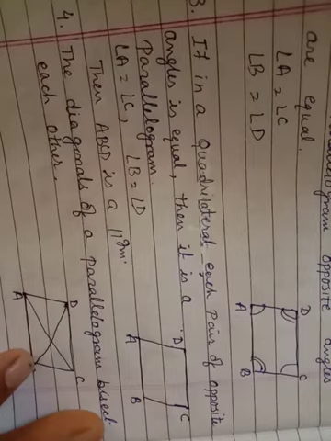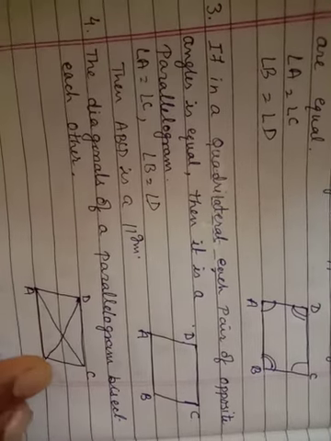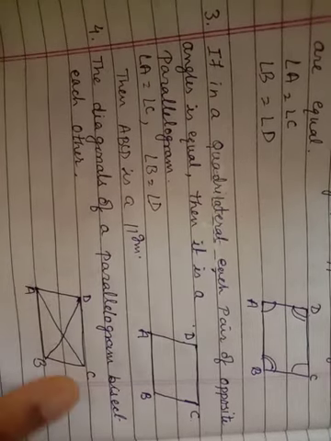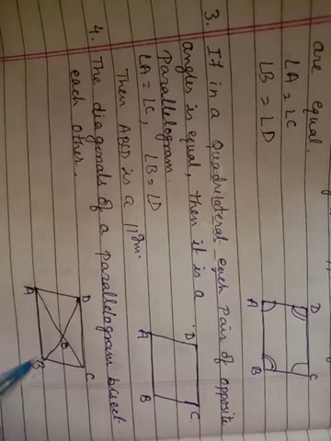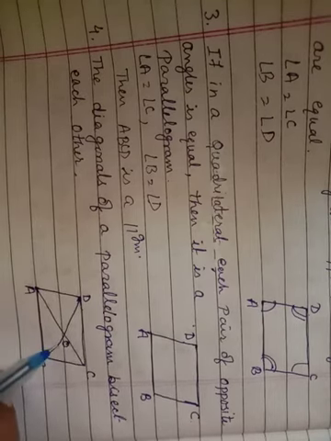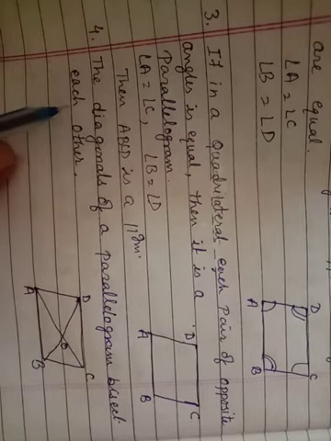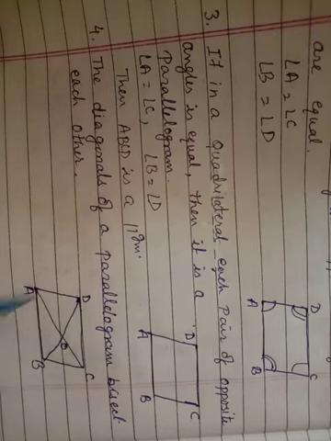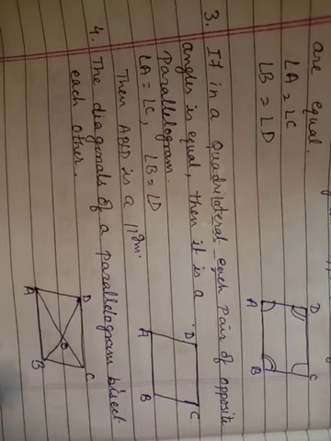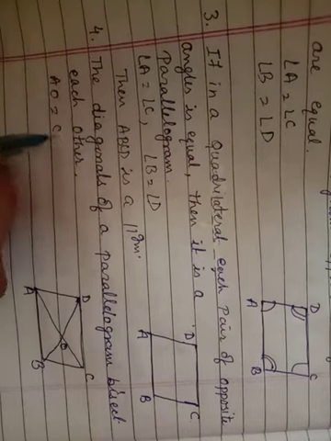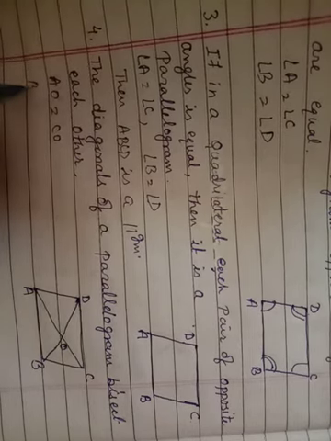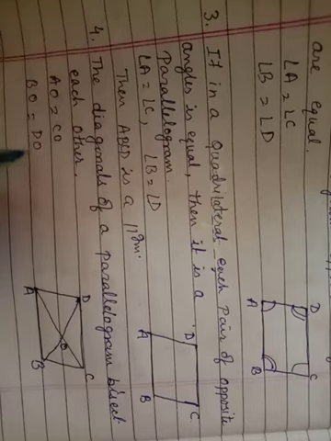And the fourth one, the diagonals of a parallelogram bisect each other. See, this is a parallelogram ABCD and diagonals AC and BD are intersecting each other at O. So, by theorem we can say the diagonals of a parallelogram bisect each other. Bisect each other means AO is equal to CO and BO is equal to DO.